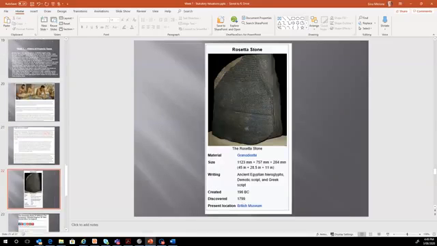The Rosetta Stone, again, a lot of information inscribed on this significant artefact, and a lot of information in relation to rating and taxing appears on there as well.